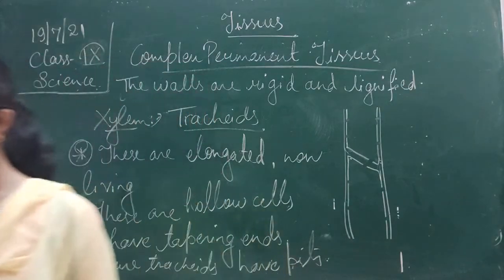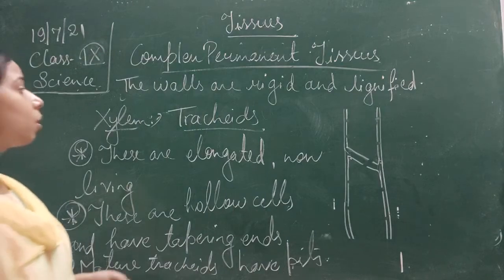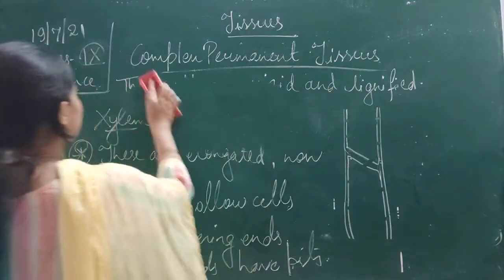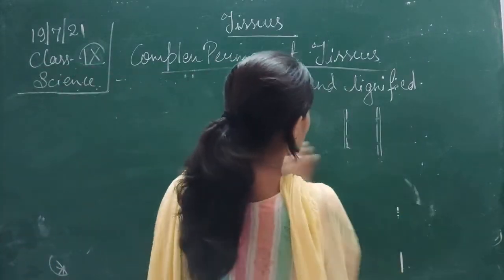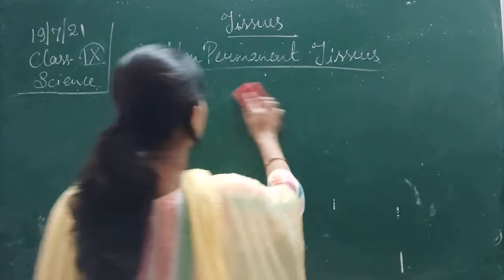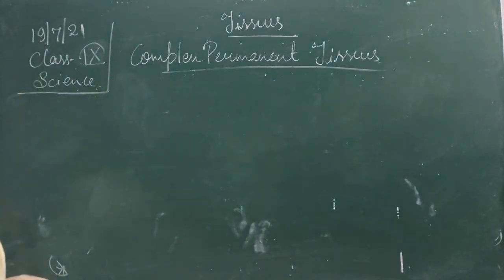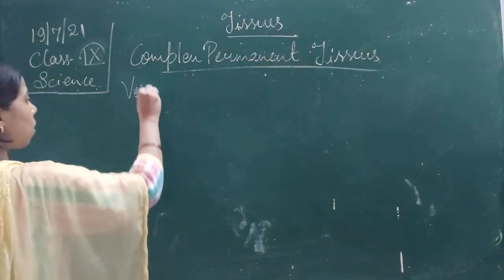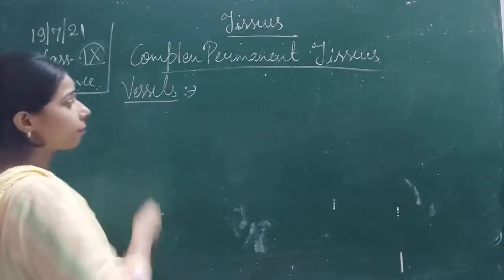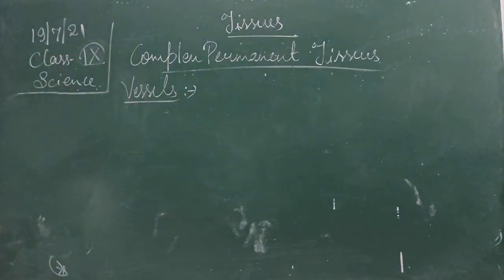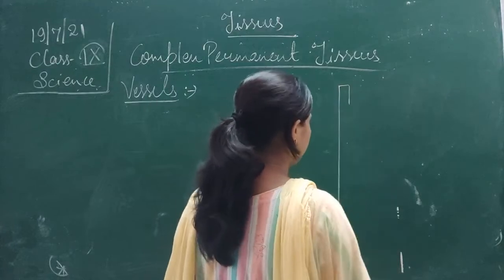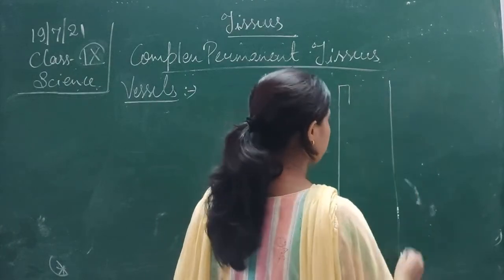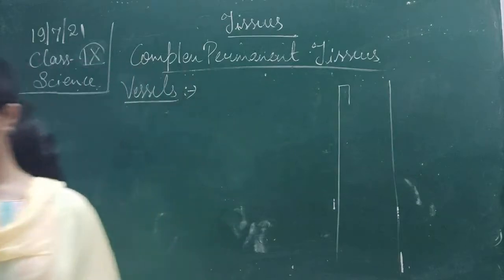Okay. The second one, students, is the vessels. This is the tracheid. Now see the vessels. Tracheids and vessels. In the case of a xylem vessel, students, this is the kind of structure you will find.